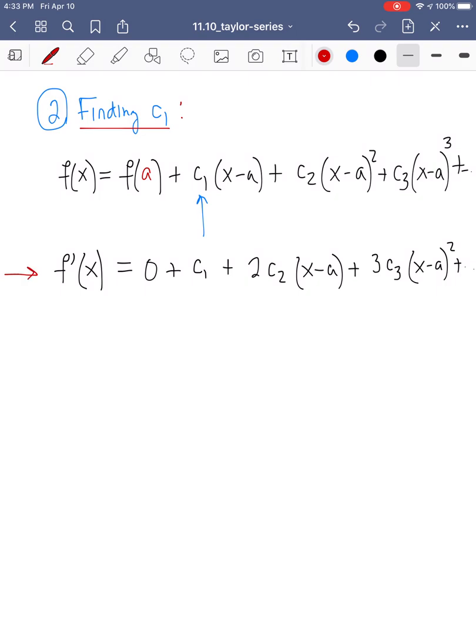Well, now let's take a look at what we have here. Are there any values at which we could evaluate this derivative that will just give us that c1 term? And well, looks like our trick from before will help us here.